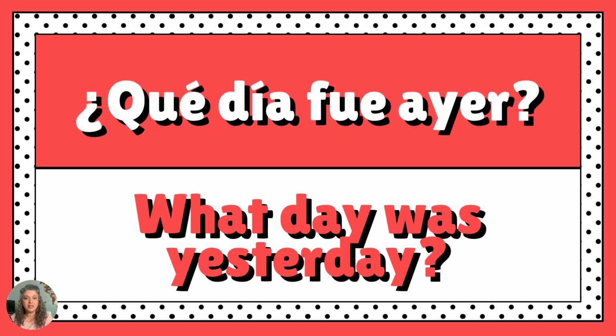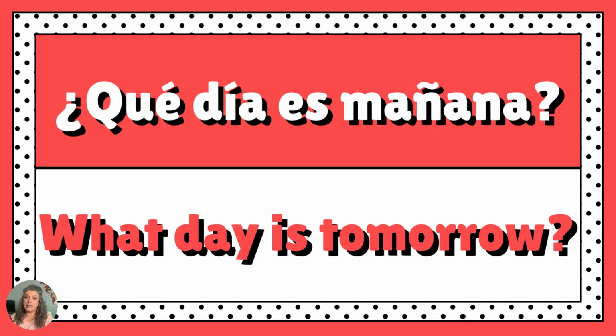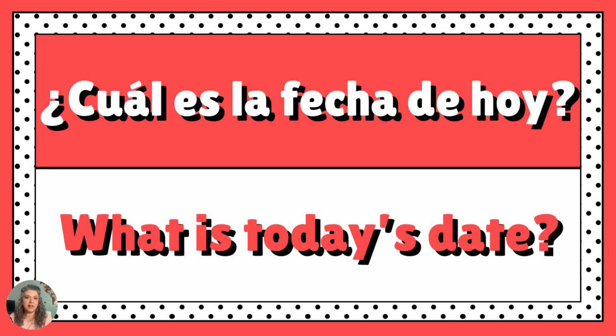What day was yesterday? So that's the past tense. ¿Qué día es mañana? What day is tomorrow? And then, ¿cuál es la fecha de hoy? What is the date of today? So what is today's date?